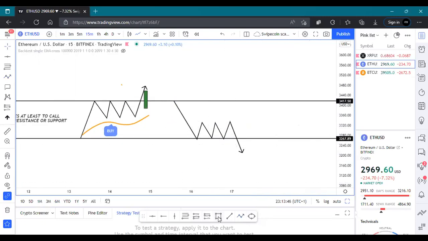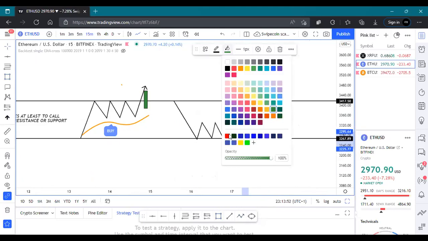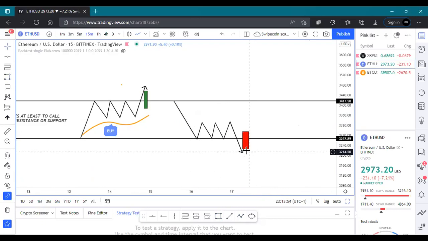for the sell, you're going to have your candle looking like this. Break and close. So if you have a break and close, we're looking for a sell. We want to catch this sell move down.